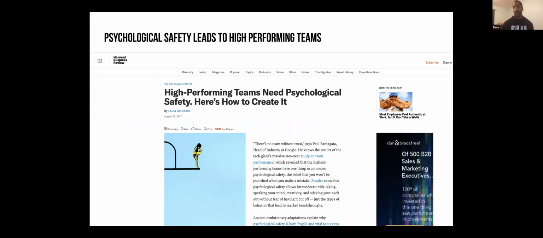This is an article from Harvard Business Review, where they talked about Google's Project Aristotle program, which has become pretty famous for really highlighting the importance of psychological safety among other factors that lead to high performing teams, but they discovered that psychological safety is the number one factor. We need to have an environment where people feel safe to actually share or express their ideas and perform to the best of their abilities.